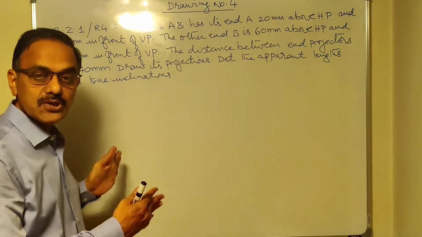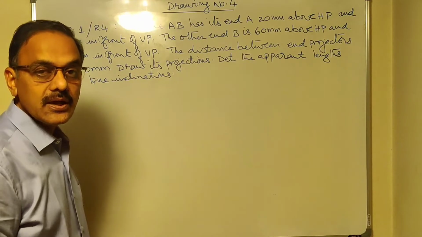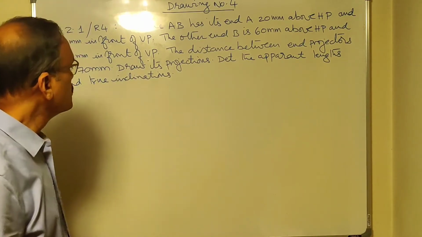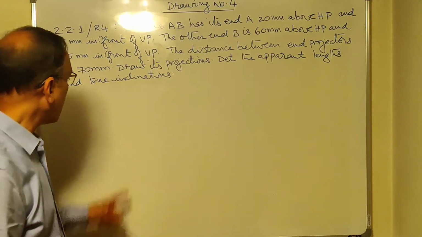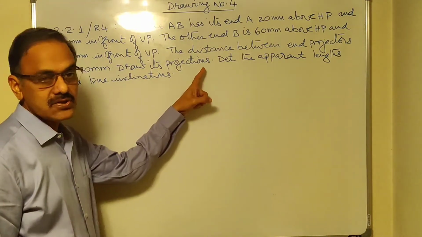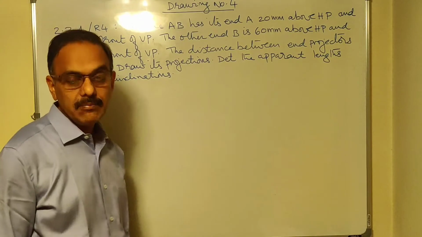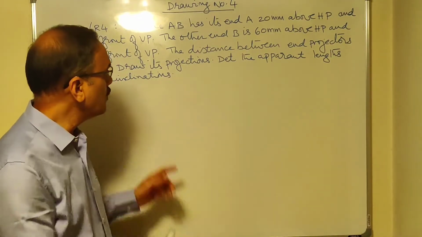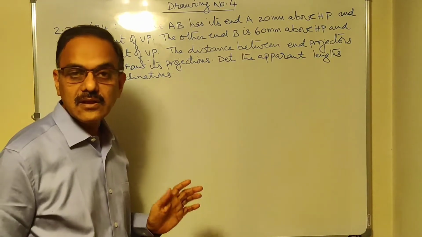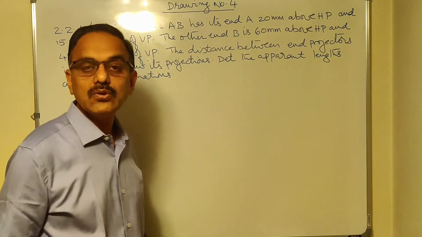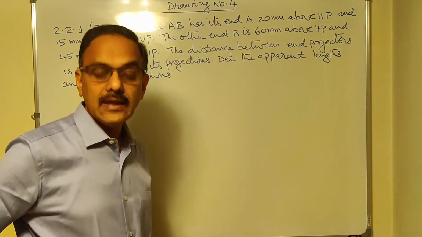So having given that, you are asked to draw the orthographic projections for the line AB. You need to locate the points A and B first, then connect them so that you get the top and front views of the line AB.